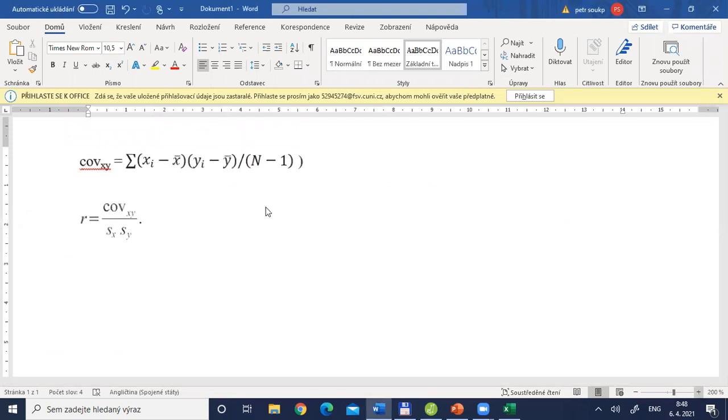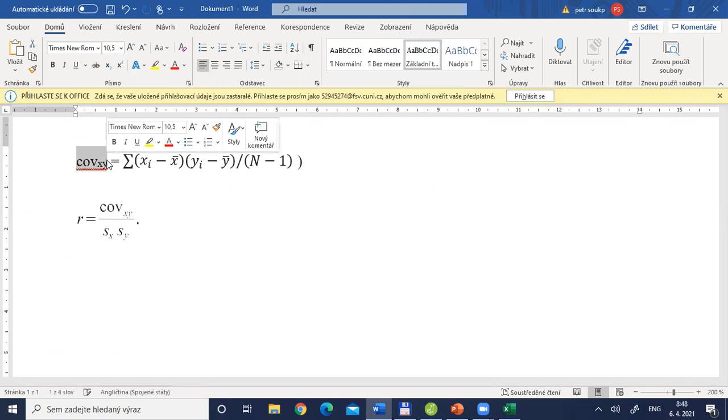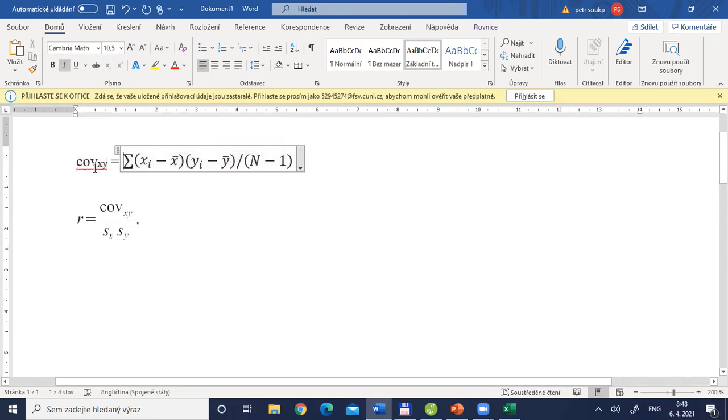The first formula says that so-called covariance, so it means general measurement of relationship, which is from minus infinity till plus infinity, is computed as you take individual differences for the first and the second variable from their means and multiply these and then divide by the number of units minus 1. So this is computation of so-called covariance. So it is general measurement of relationship, especially linear relationship for variables.